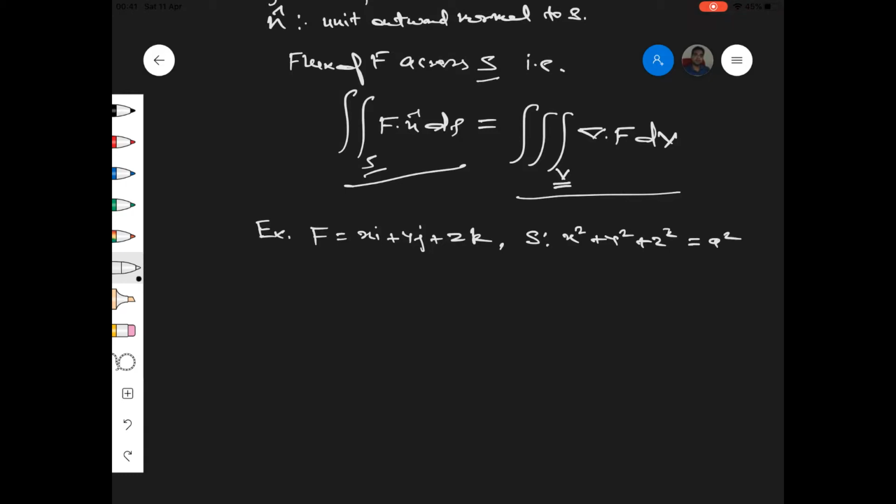And we want to verify the Gauss Divergence Theorem, which says the integral of F dot n cap d rho over the surface S is equal to the triple integral over the region V of del dot F dv.